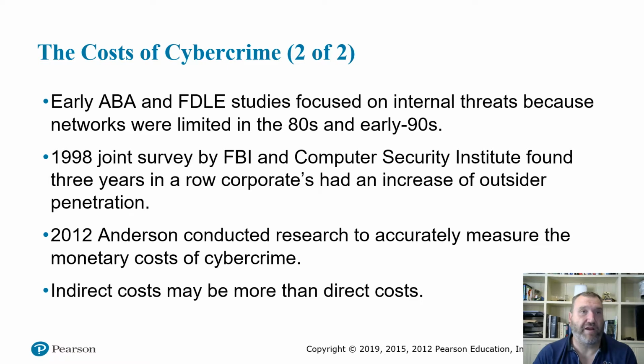So if I have a bank and I have a network, I have to have firewalls, and I have to have all these other things that are directly related to security. Then I have to hire people, and I have to send you to training, and those are all my indirect costs to the protection of that network. So you have this huge number, and again, I don't think it'll ever be calculated to any fine number.